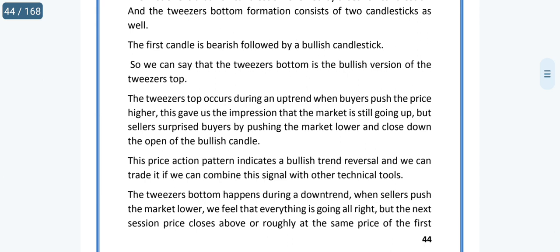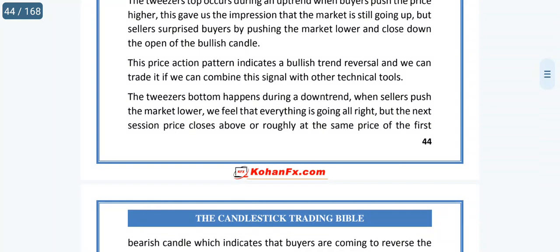This gives us the impression that the market is still going up, but sellers surprise the buyers by pushing the market prices lower and closing down below the open of the bullish candle. This price action pattern indicates a bearish trend reversal, and we can trade it if we combine this signal with other technical tools.